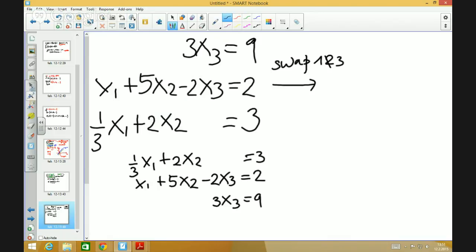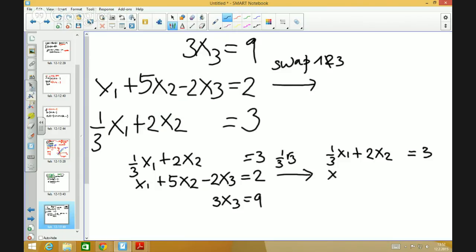Now we do what seems reasonable in order to get the value of x3. We divide the last equation, or multiply it by 1/3. That is to say, we divide by 3. Let me now write R3 for the third row, so that if I write 3, it doesn't look odd.